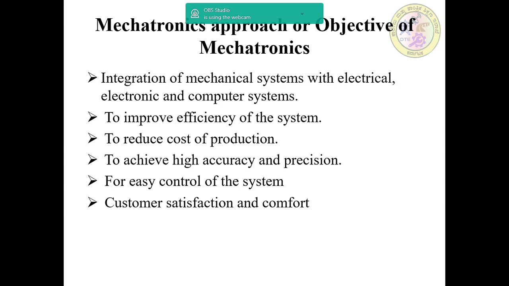By incorporating all these systems together, we improve the efficiency of the system, reduce cost of production, achieve high accuracy and precision, and make the system easy to control. Customer satisfaction and comfort is the main thing by using the mechatronic system.